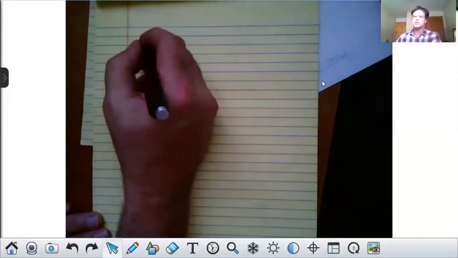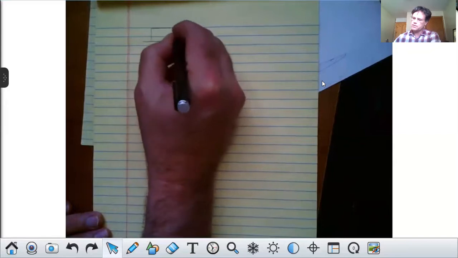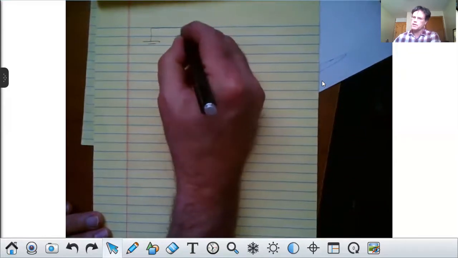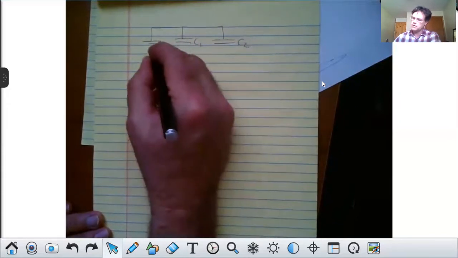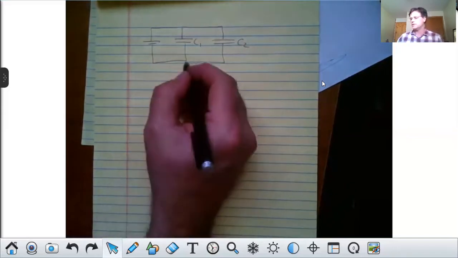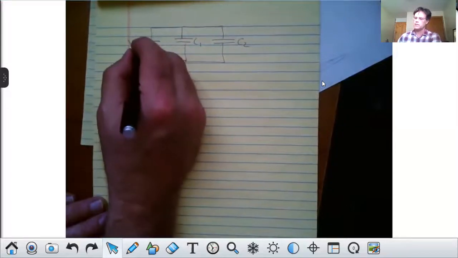For the second case, I'm going to take two capacitors, the same capacitors even, and put them in the circuit so that they are in separate loops with one another. I've got C1 here and C2. When I combine them now, they're in separate loops, and I've still got my voltage here.